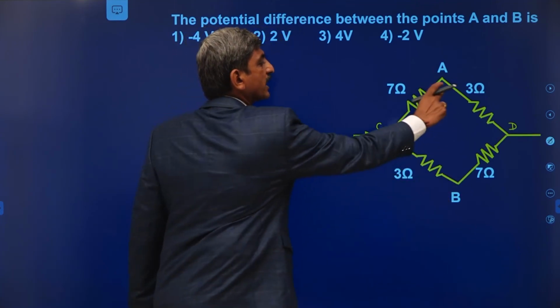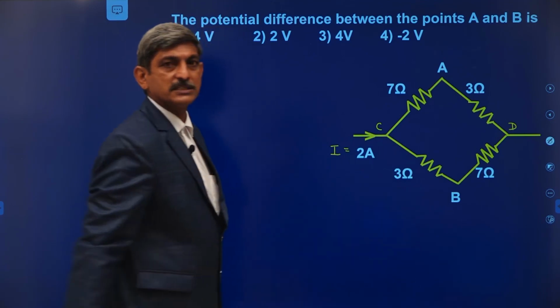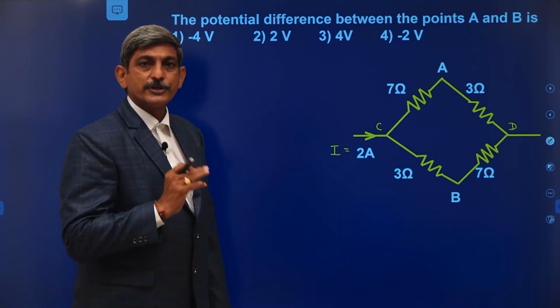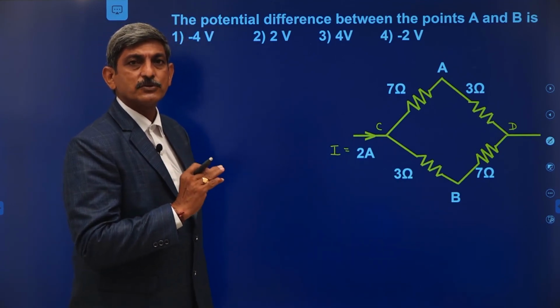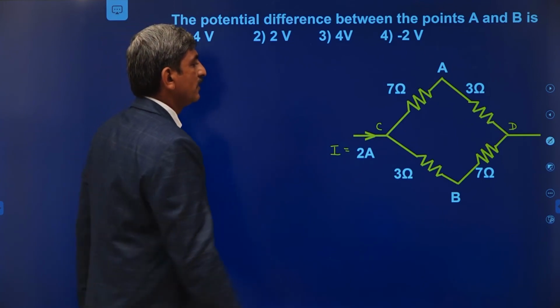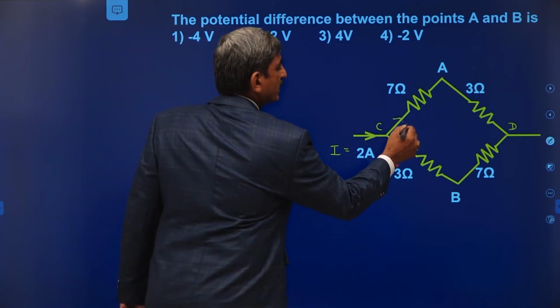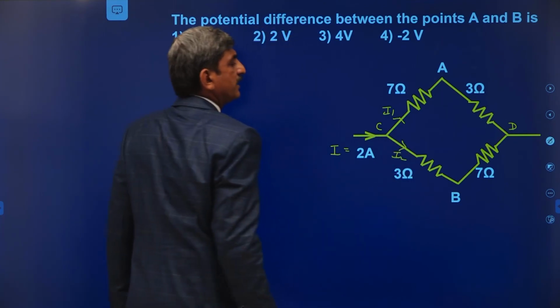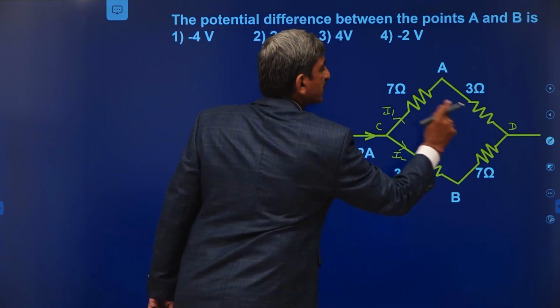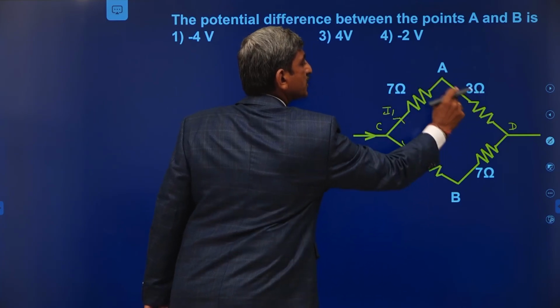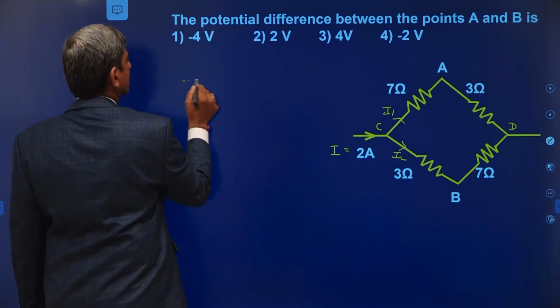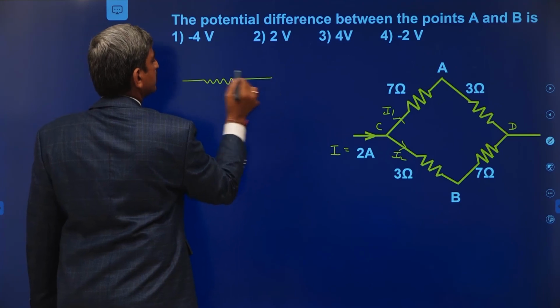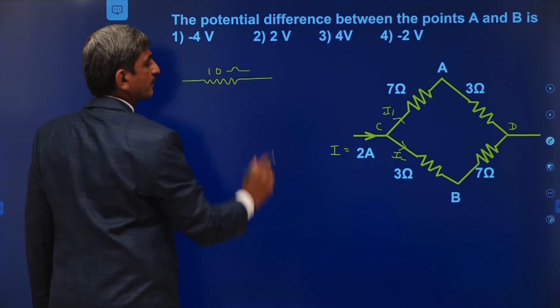For that, we should know the currents passing through the resistors. In the first step, I am going to calculate the current passing through the different resistors of the circuit. Suppose this is I1, this is I2. The same current is passing through this 7 ohms and 3 ohms, so these two are in series combination, so 7 plus 3 is equal to 10 ohms.